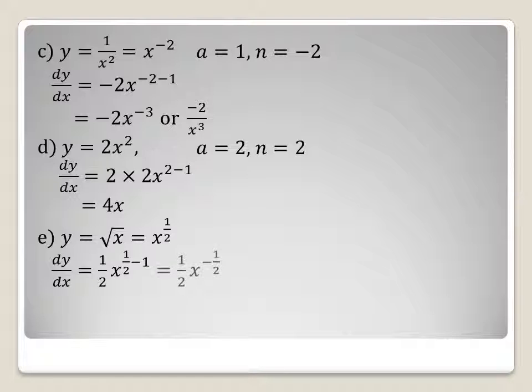Simplifying this, we have 1 over 2x raised to the power of minus 1 over 2. Rearranging this, dy/dx equals 1 over 2 root x. Not difficult so far, I'm sure you would agree.